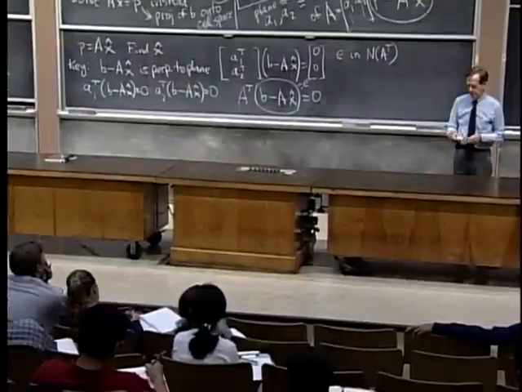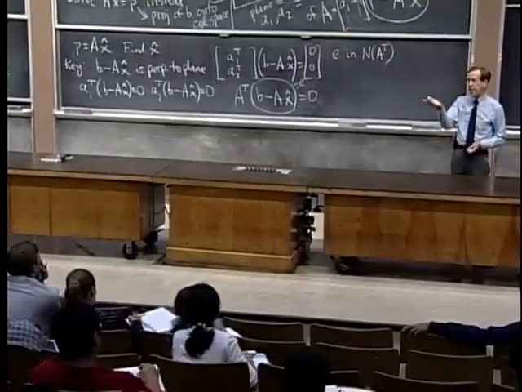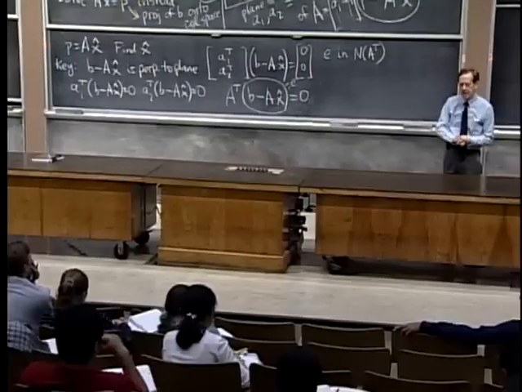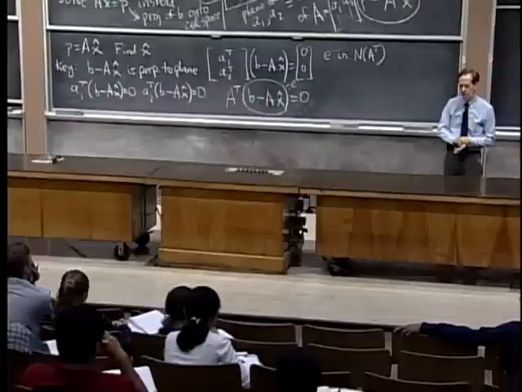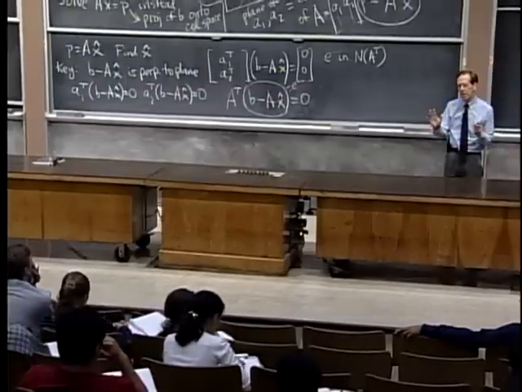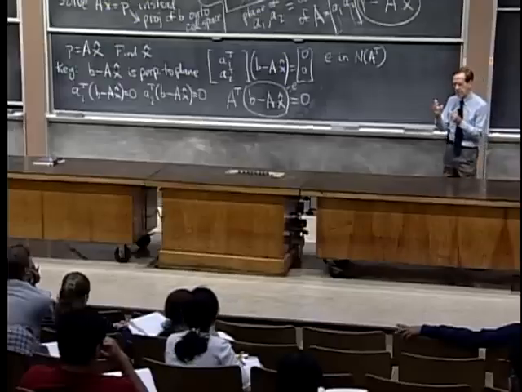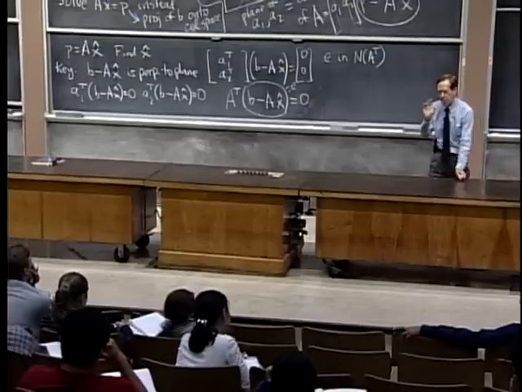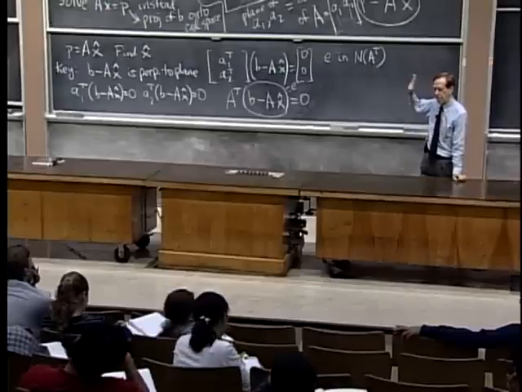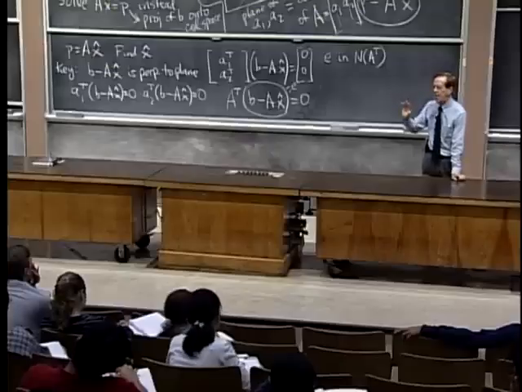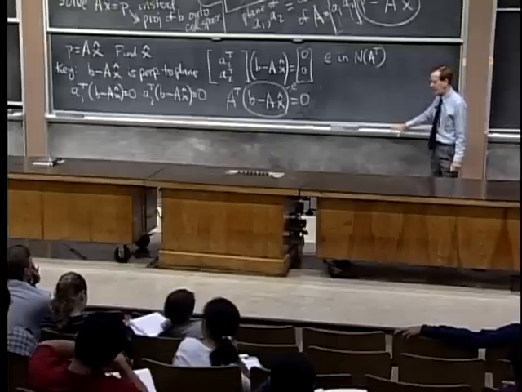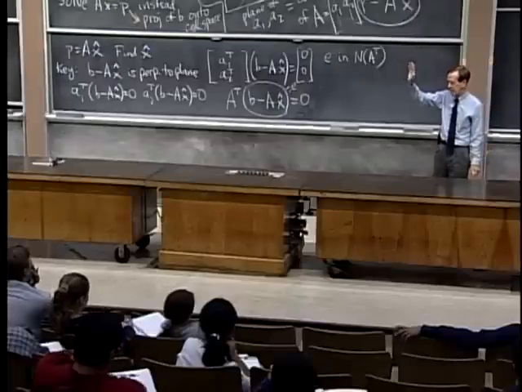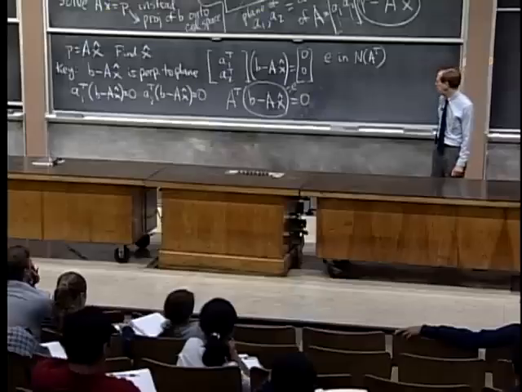Of course, that was right. Because what do we know about the null space of A transpose? The last lecture gave us the geometry of these subspaces and their orthogonality. Do you remember? On the right side of our big figure, we always have the null space of A transpose and the column space of A, and they're orthogonal.